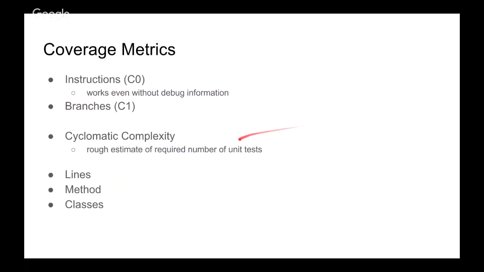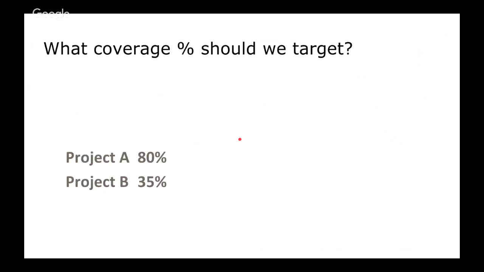Another question I often receive is, what is the coverage percentage we should target? I always give this example as an answer. Imagine you have two projects. You have project A, which is obviously very good in testing. They have 80% code coverage. And project B has 35% code coverage. It looks like, of course, project A did a way better job.